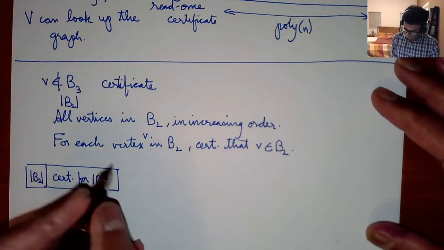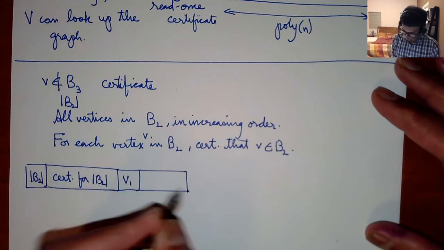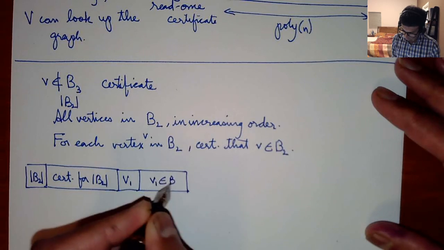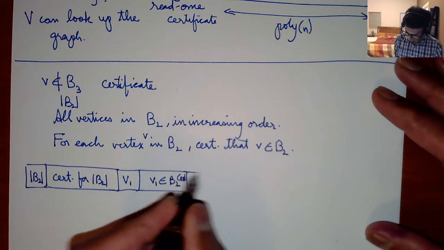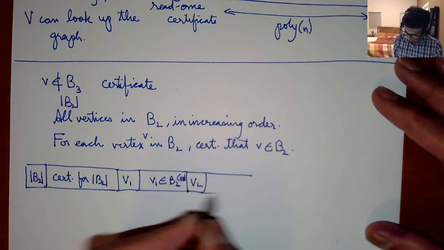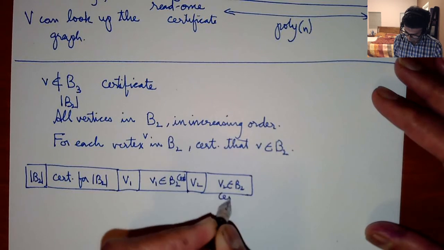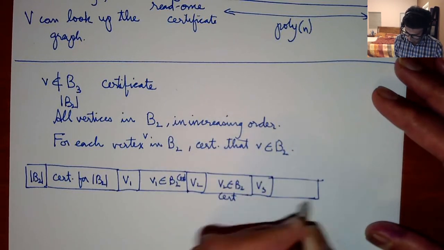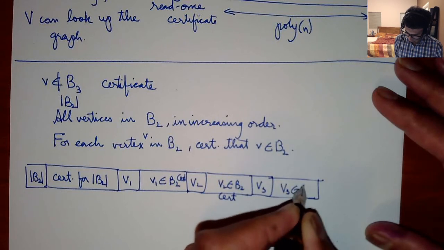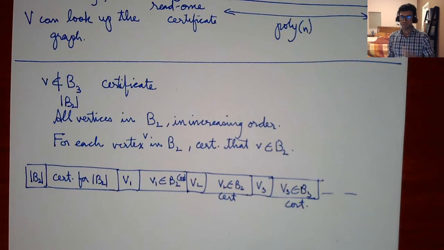And then it gets V1, the V1 is in B2 certificate, V2, the V2 is in B2 certificate, V3, the V3 is in B2 certificate, and so on and so forth.